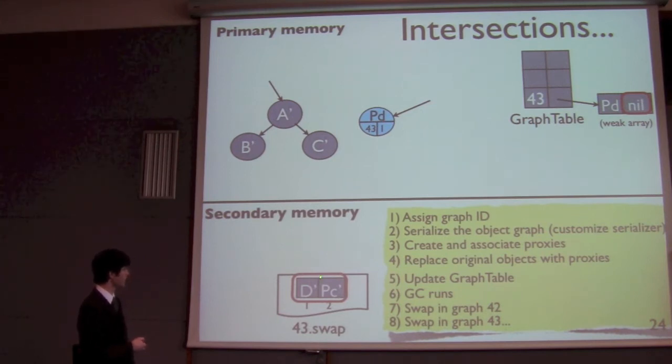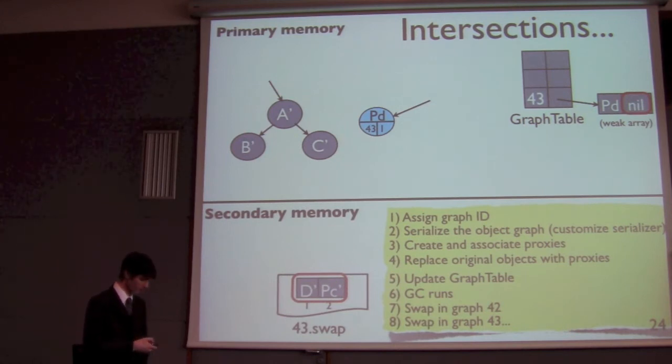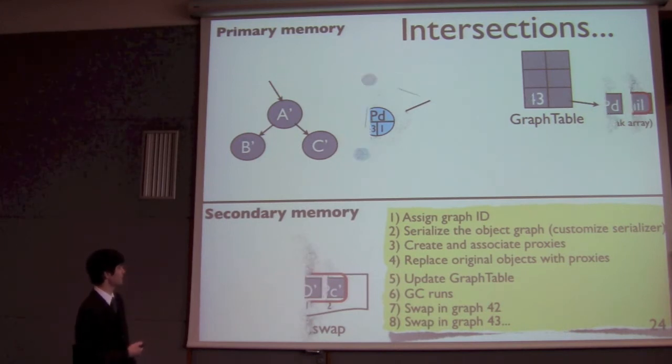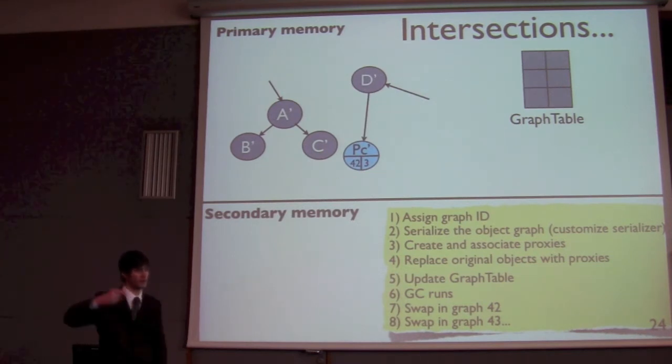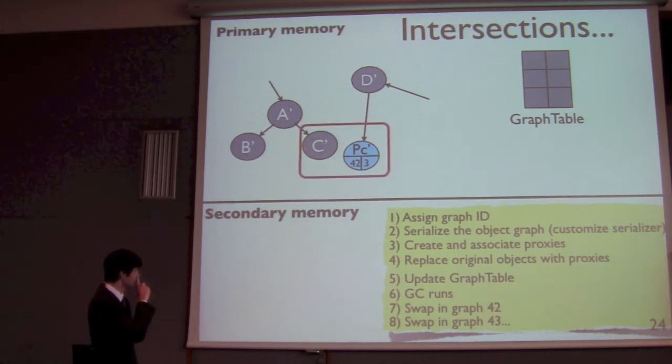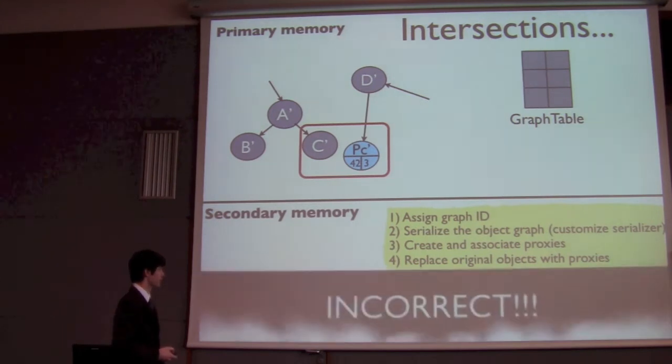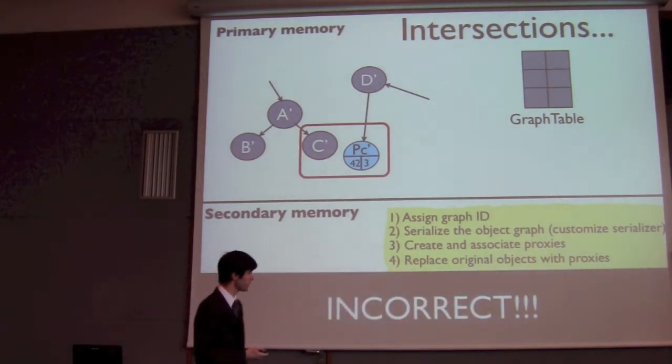And in our serialized stream, when we serialize the object graph, the proxy was there. So when I try to now materialize the object graph and swap in, what I get is this. I am getting a graph with a proxy of something that has already been swapped. And of course, this is not correct, and we need to solve it.